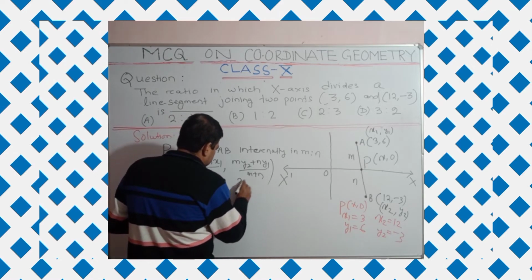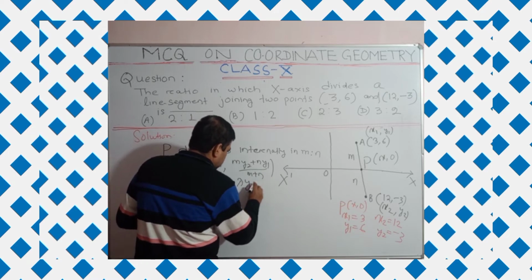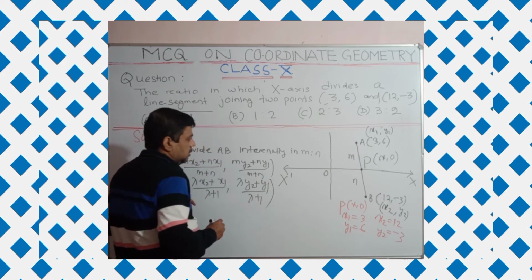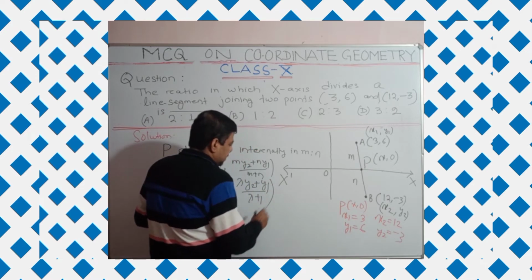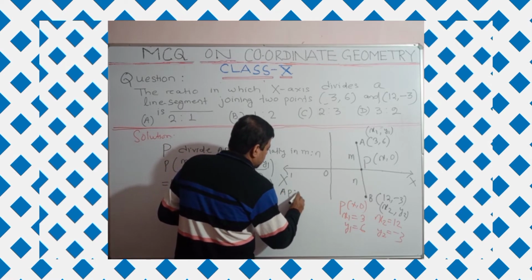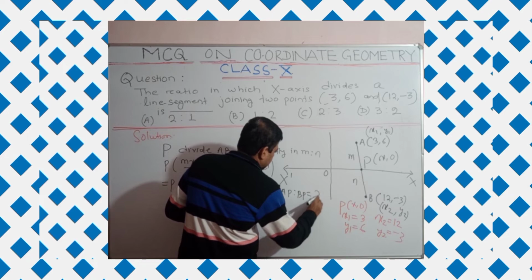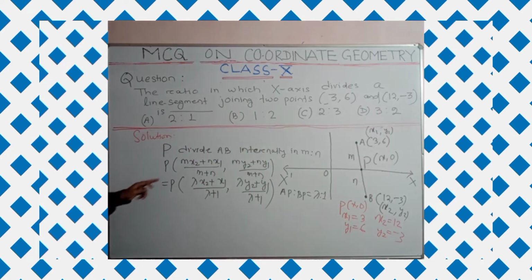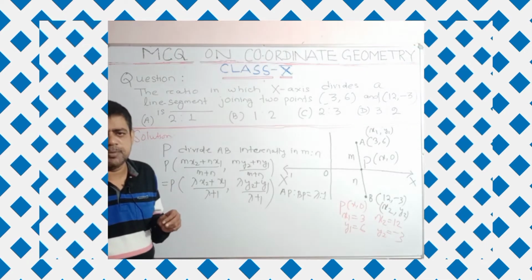Similarly, lambda y2 plus y1 divided by lambda plus 1. If AP is to BP is equal to lambda is to 1, then you can use this formula. So you can use either formula, whichever is appropriate to you.